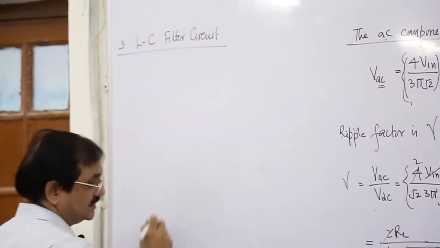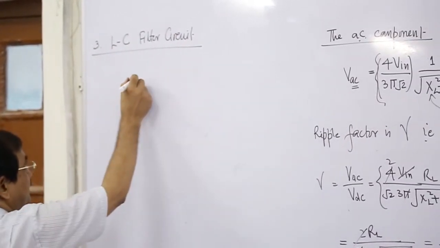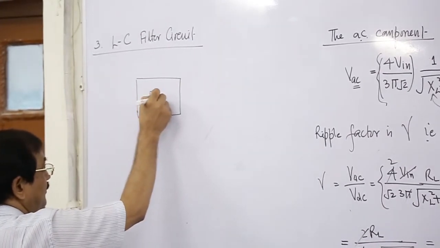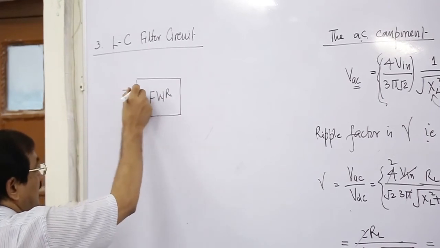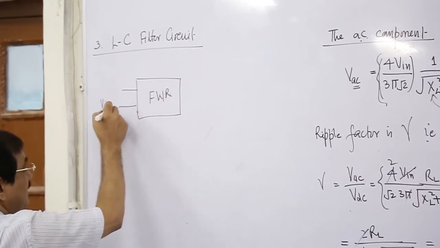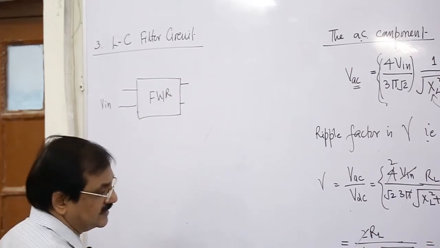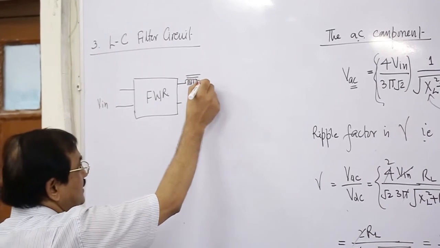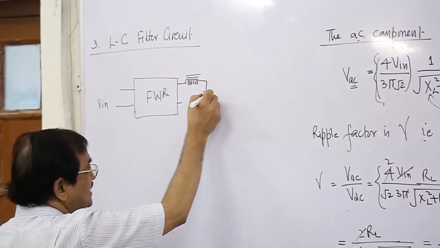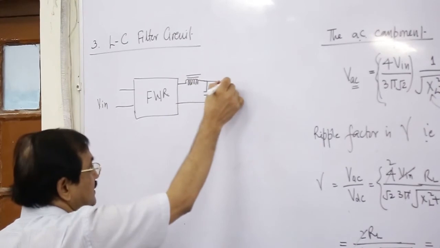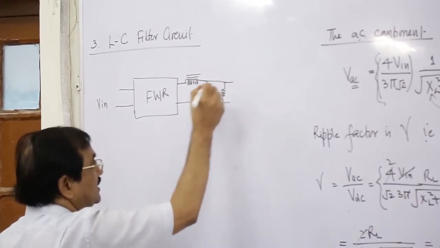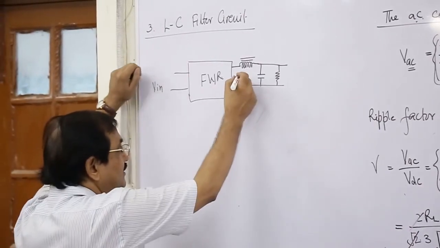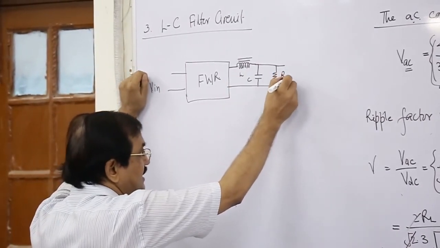This is FWR, here it is input VIN, and then this is L, the inductor, and then there is a capacitor, and here it is the load. So this is L, C, and this is RL.